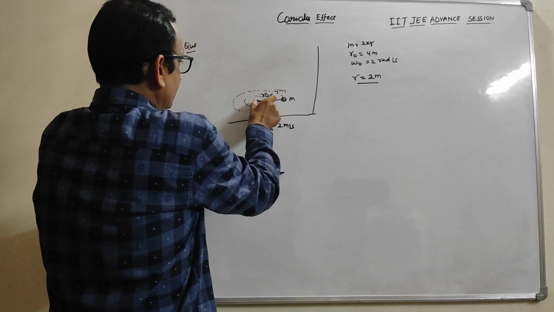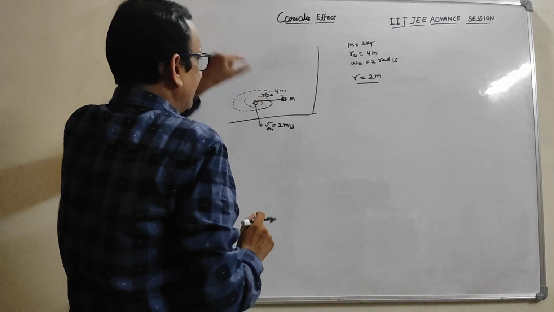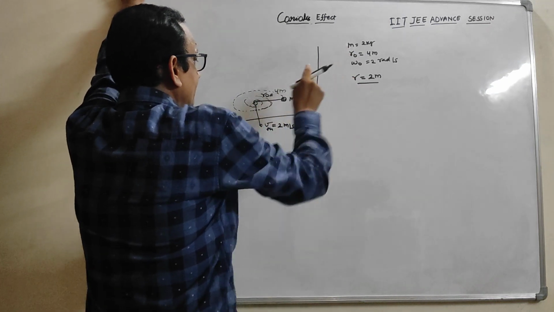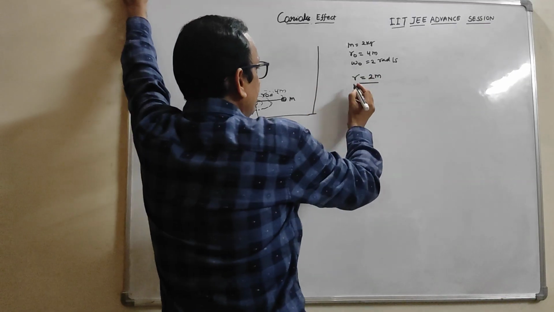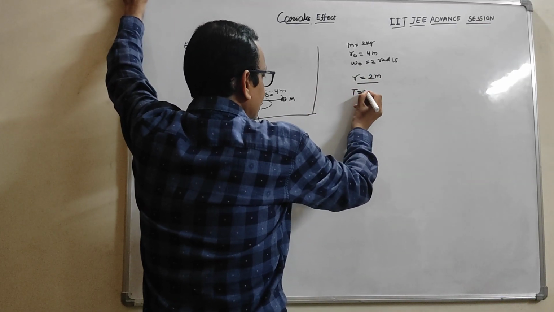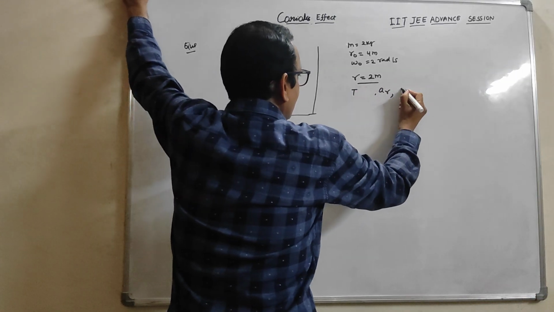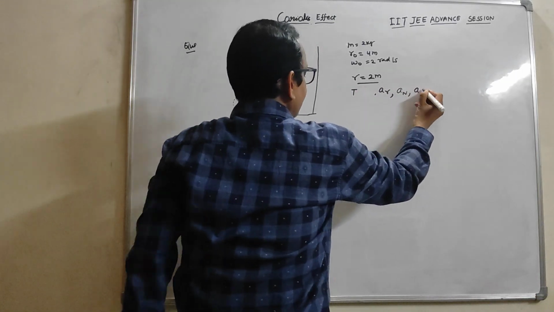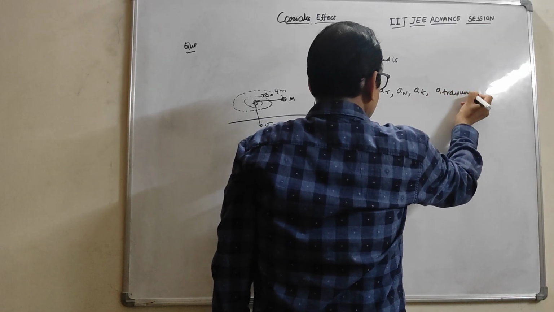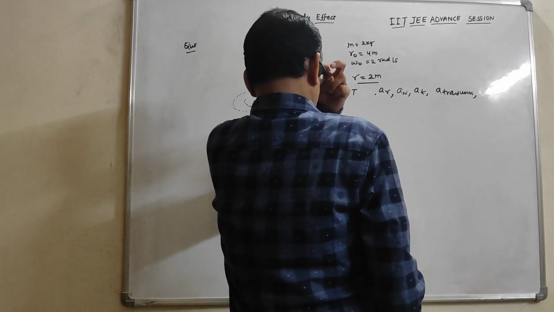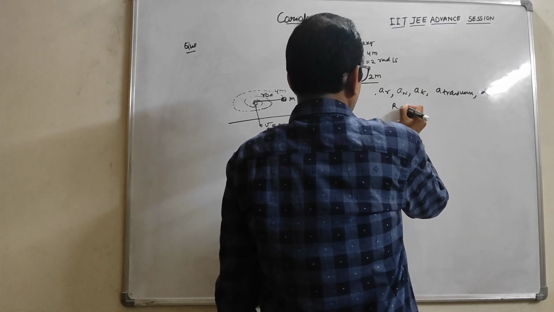When this distance reduces to 2 meter, then we have to find at that particular situation, when the horizontal length is 2 meter, the tension in the string, the radial acceleration, the normal acceleration, the tangential acceleration, transverse acceleration, angular acceleration alpha, and radius of curvature.